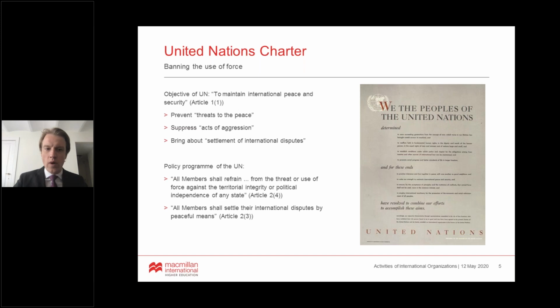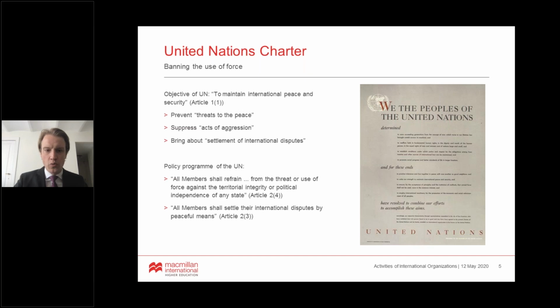And to do that, the UN has a role to prevent threats to the peace, suppress acts of aggression, and bring about the settlement of international disputes. So within the UN Charter, a real role is carved out for the United Nations to address these issues. Now, the UN Charter also stipulates a very clear policy program.